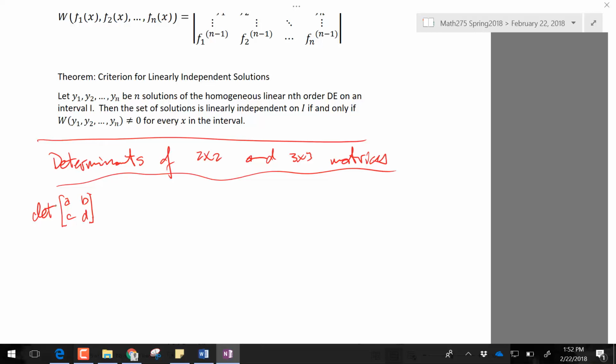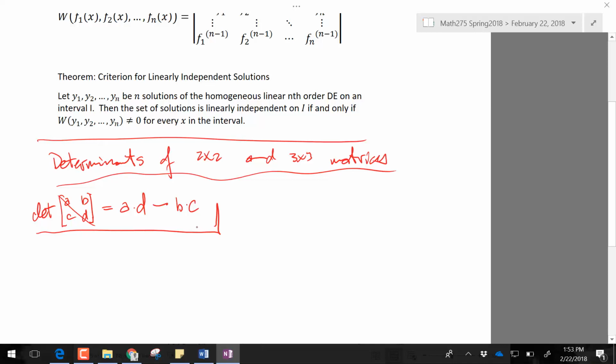I keep always putting a DET in, but you'll see in the readings and in a bunch of other math books that if you just see a straight line instead of a square bracket or parentheses for the matrix, then that straight line means determinant. So the determinant is going to be the product of the diagonals, A times D, that's the diagonal, minus the product of what they call, for a 2 by 2 matrix, the wings, B times C. So that's the determinant of a 2 by 2 matrix.